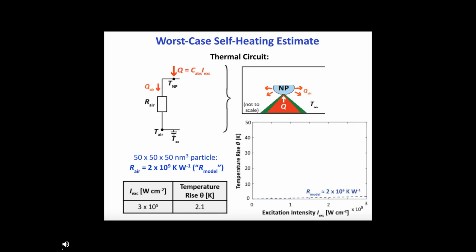And finally, just to familiarize you with the format that I'll be using repeatedly in this next section, here you see the temperature rise as a function of excitation intensity, and the slope of this line is directly related to the thermal resistance. And the y-axis here goes up to 50 Kelvin, just to emphasize that if we're interested in measuring temperature changes on that order, then even this worst case scenario, 2 Kelvin self-heating isn't a total deal breaker.